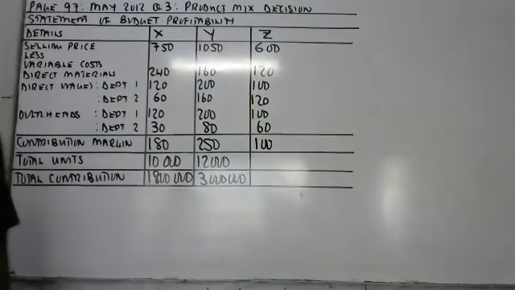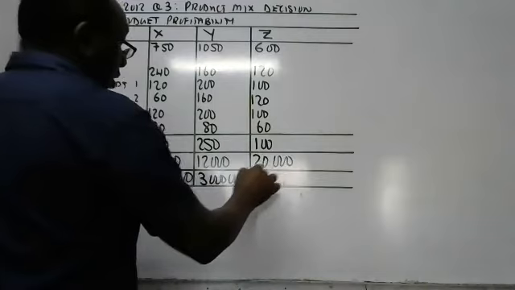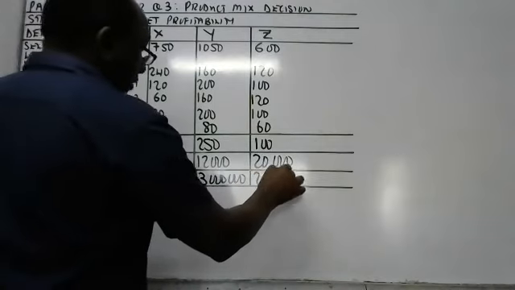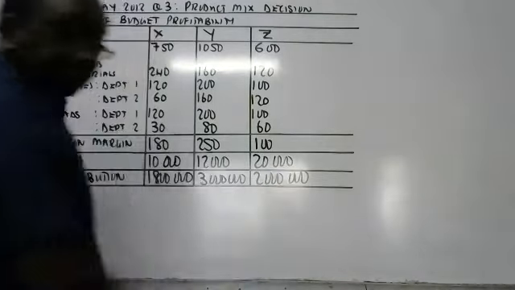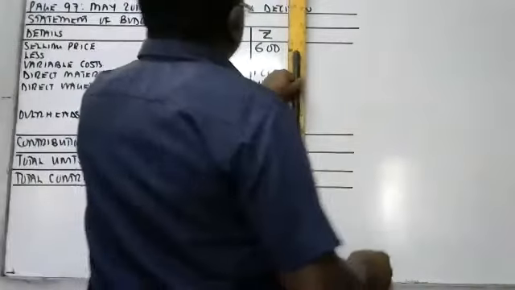So if it's 100 and the budget production is 20,000, that means we have 2 million.